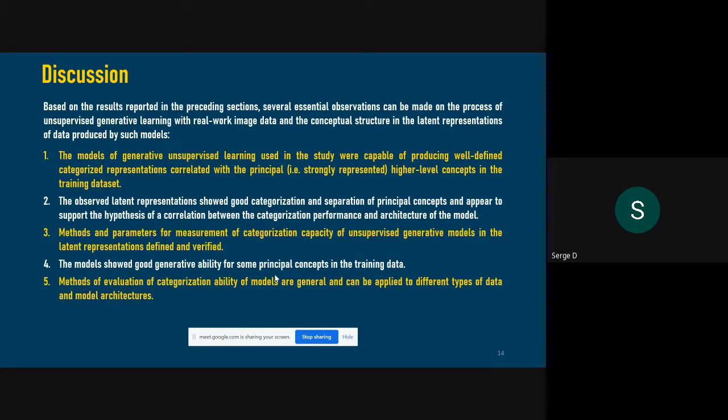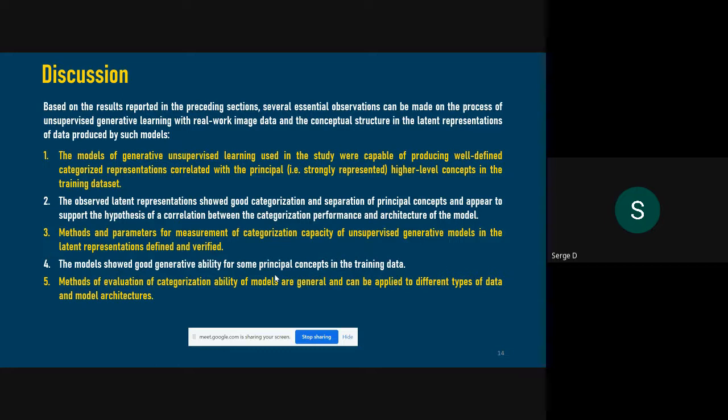So to summarize the results in this work, what was shown is that models of generative self-learning were successful in producing well-structured representations of real-world data.